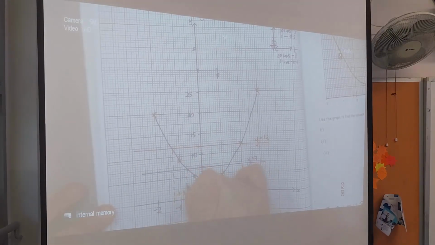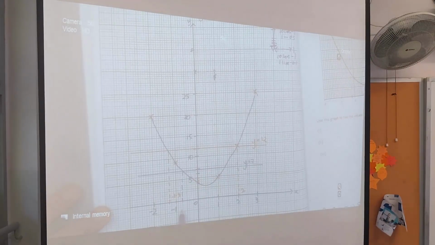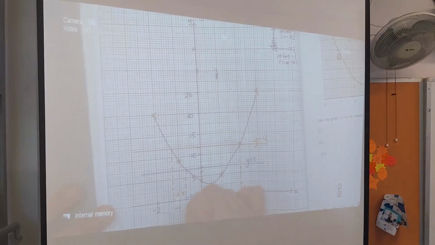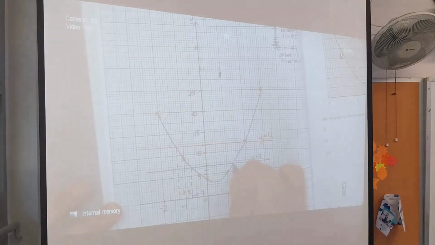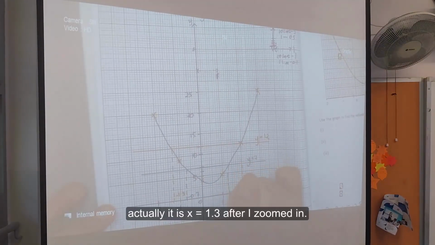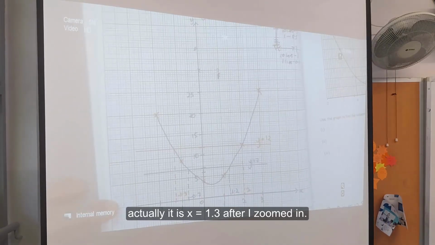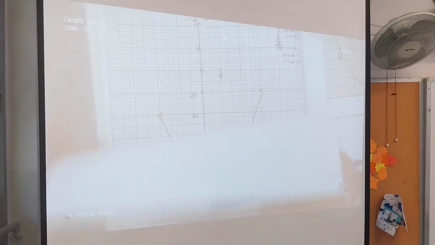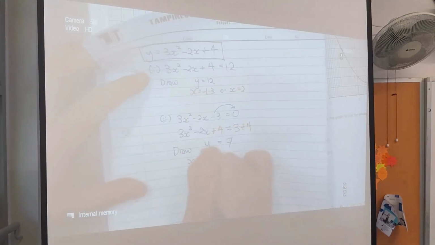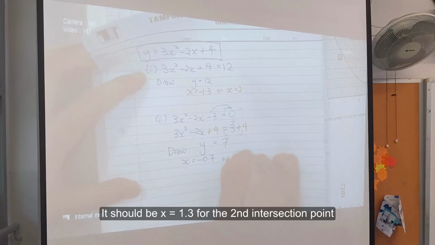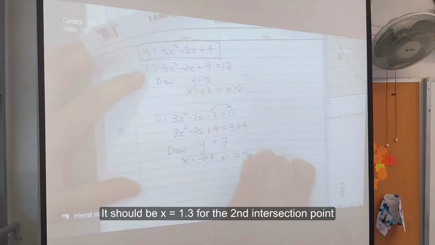The first one is negative 0.7, and the second x value will be 1.2. So in my answer, I will write down x equals negative 0.7 or x equals 1.2.